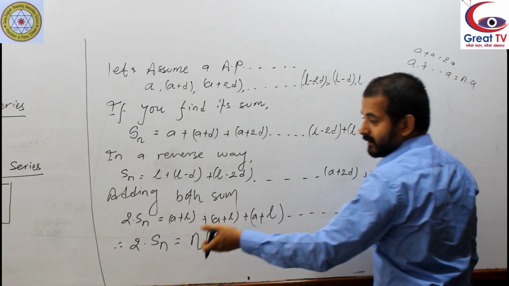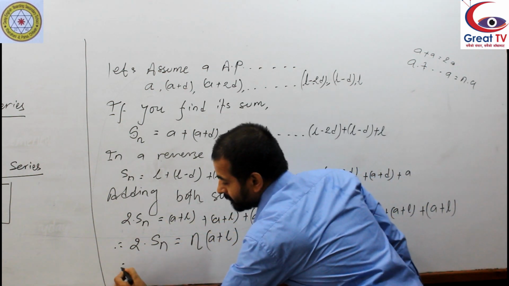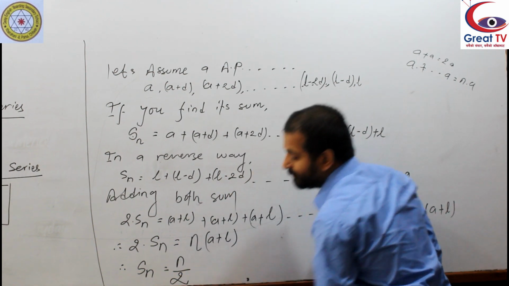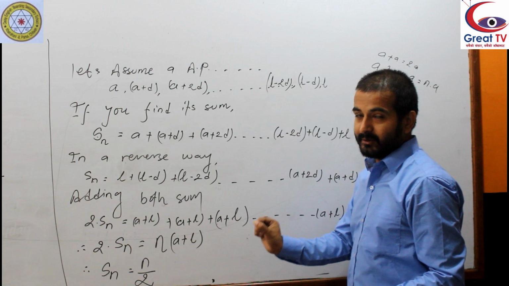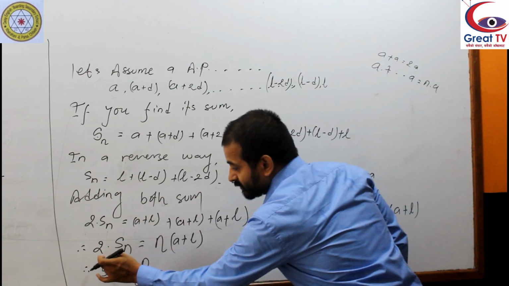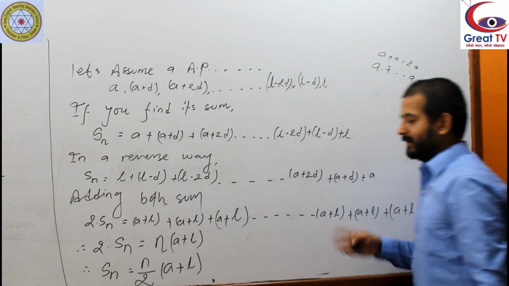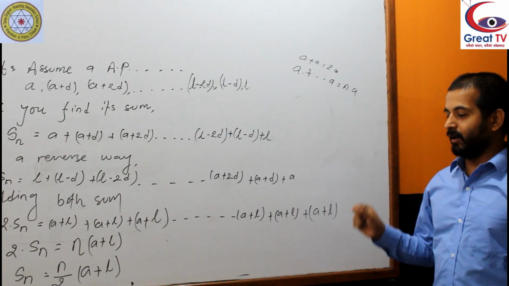Please look at it clearly. Therefore, Sn equals n by 2 (a plus l). If it is not clear, try to give it more attention. Because the 2 is divided here, Sn equals n by 2, (a plus l).